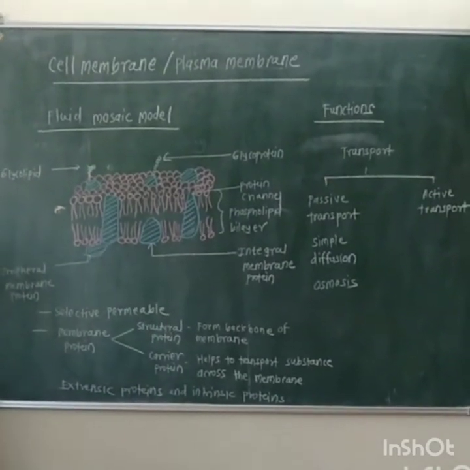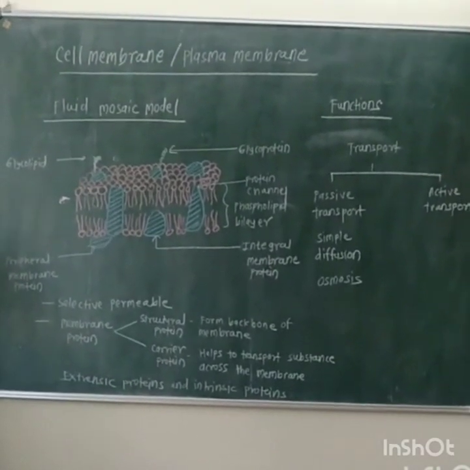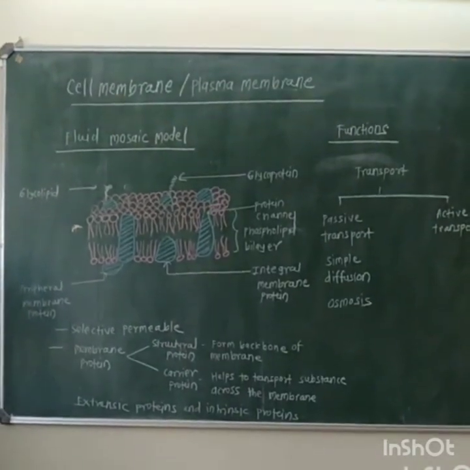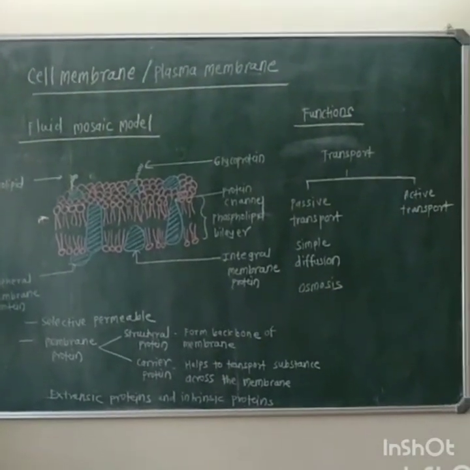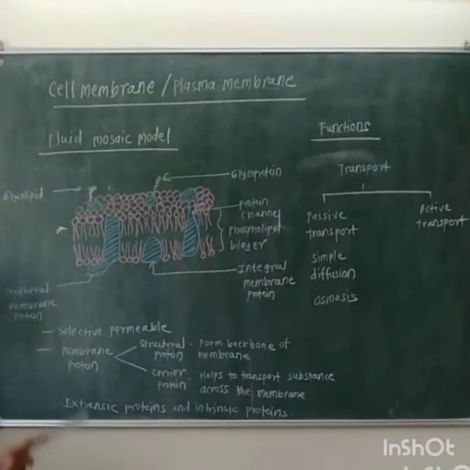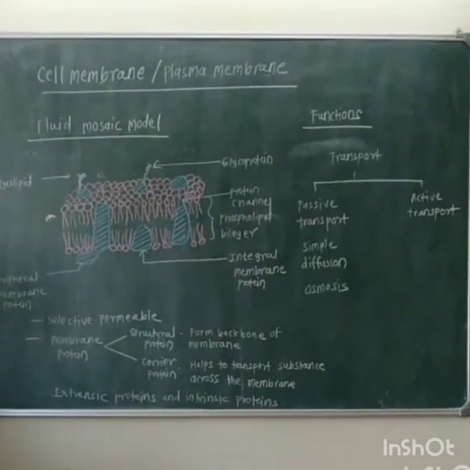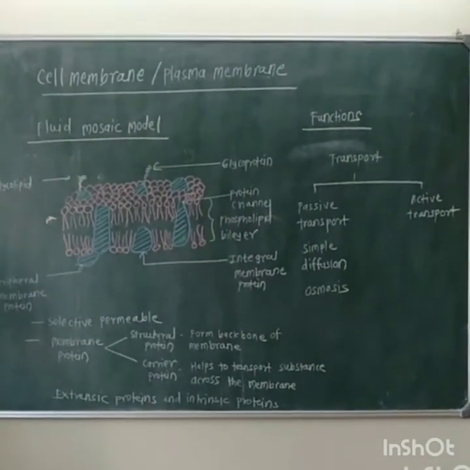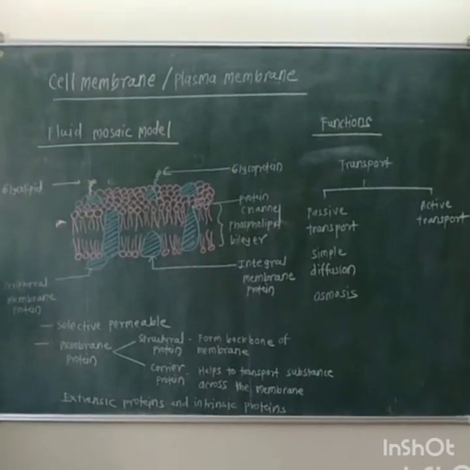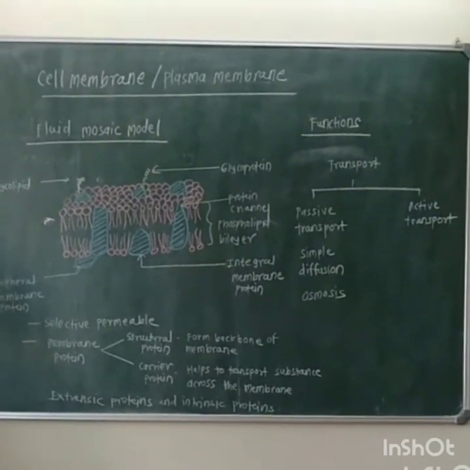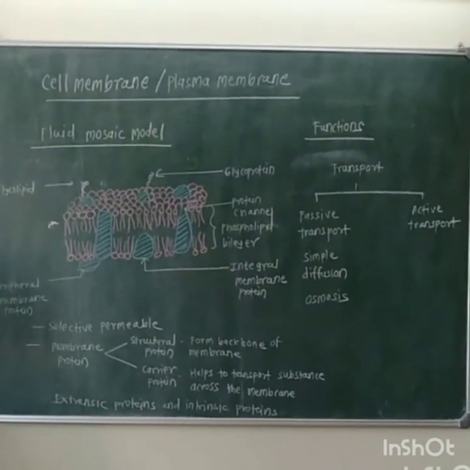So this is called active transport. Certain non-polar molecules require carrier protein to pass through the membrane. So mainly the function of the plasma membrane is transport.